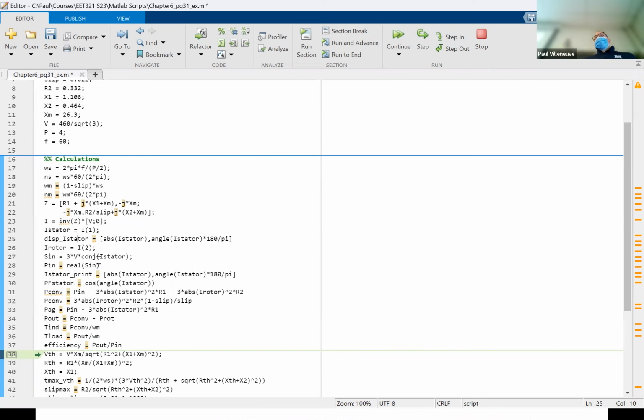And then if I wrote it in rectangular coordinates, I would just write the real part. So I display that as the real of my input power. That just makes it easier to display. It actually is solved for in this equation. This is, again, just a display parameter. So a lot of what you have to do in MATLAB is not the calculations. Doing the calculations is hard in and of itself, but you have to do that with your calculator anyway. This is just displaying it so that you can pull out the right data.